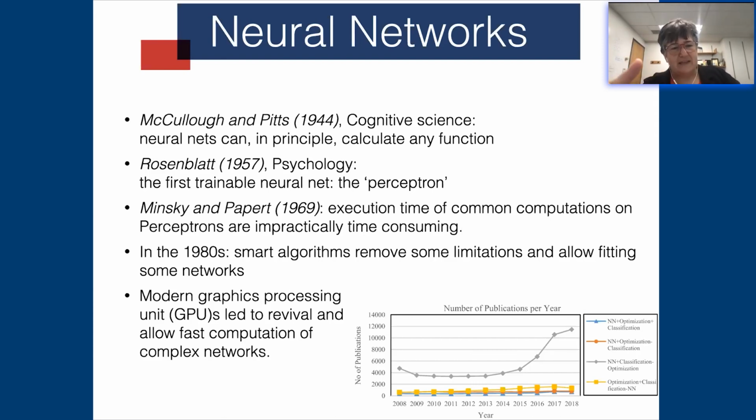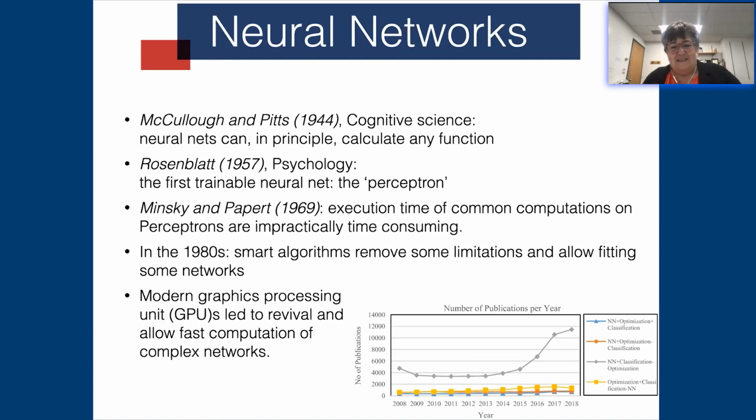So a couple years later, a decade later, Rosenblatt in 1957 came up with the first trainable neural net, the perceptron. And the perceptron consisted of just a single neuron. So you can imagine a single nerve cell that gets input and produces some output.